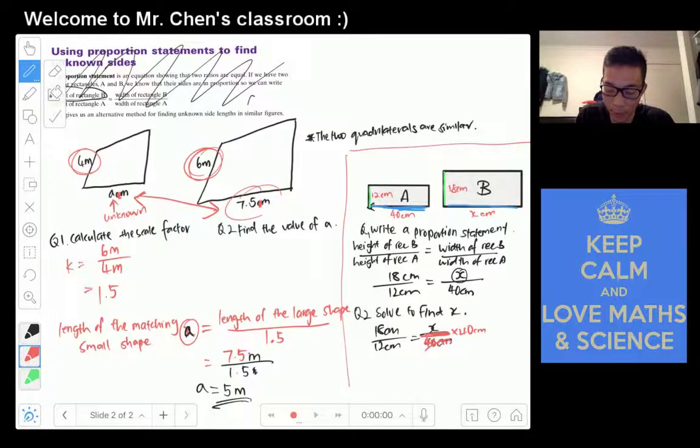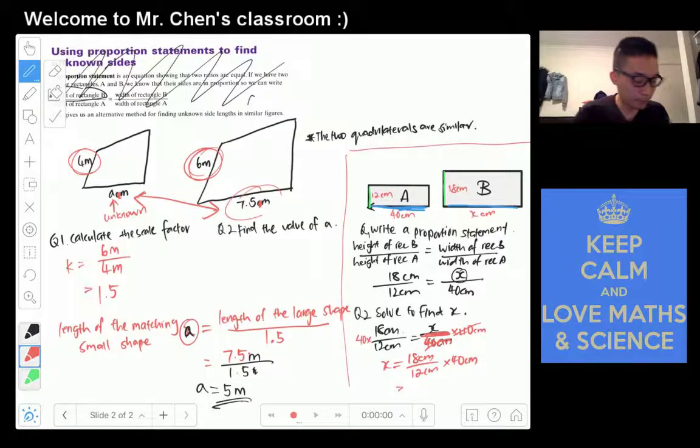If you do that, you will get rid of it already. But you have to do it on both sides. That means you have to multiply by 40 on here as well. So x would be 18 centimeters divided by 12 centimeters times 40 centimeters.